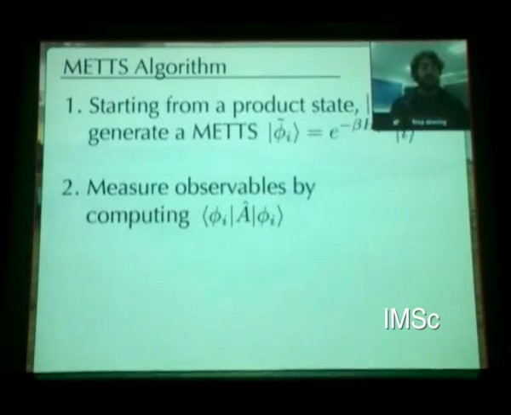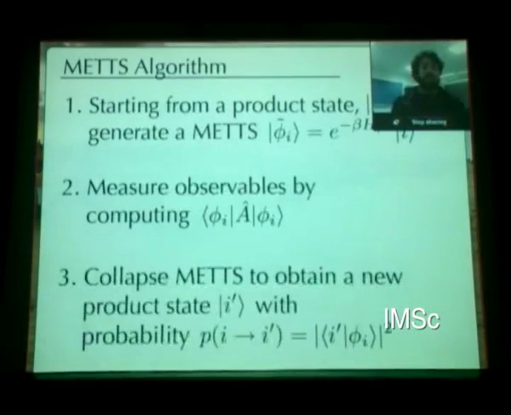Once you normalize it, you have this state, and you can measure any observable you like, including the energy or magnetization or anything, any local observable, and you save those numbers, and then you average those numbers at the end to get the thermal average. And then when you're done with that METTS, you collapse it by the method I just showed, and that gives you a new product state automatically with this probability, i prime overlap with phi i, squared. And so that's guaranteed to give you the next METTS with the correct probability.